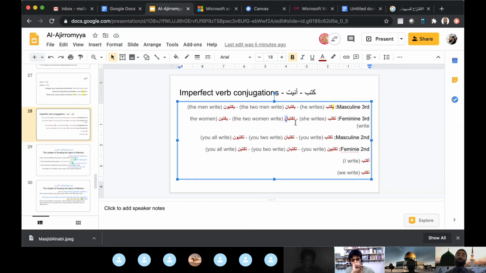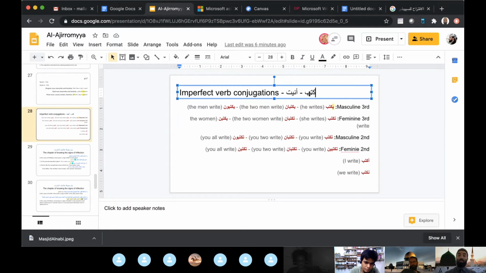However, if this noon is deleted, removed, that tells you that the verb no longer has the inflection of rafa, but rather one of the other two, either nasab or jazm. Those two you will know by looking at the agents that come before them. But that is good. So what we have here is in the case of rafa. Now I have to add one more thing here, so you know.